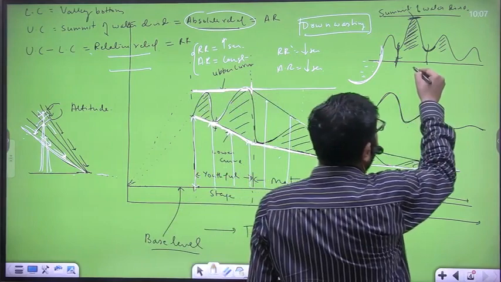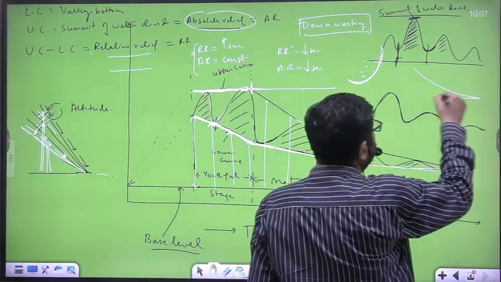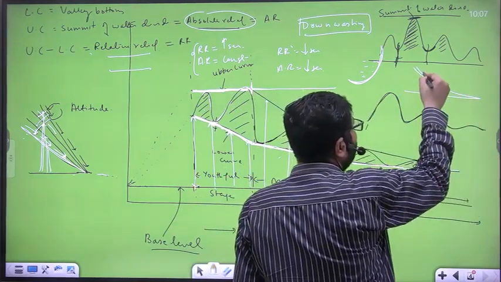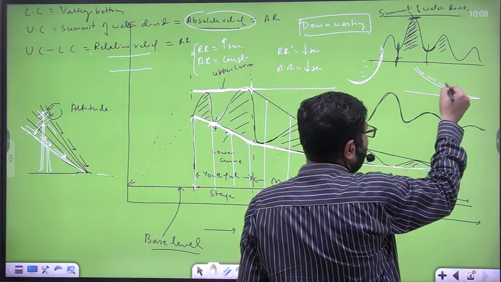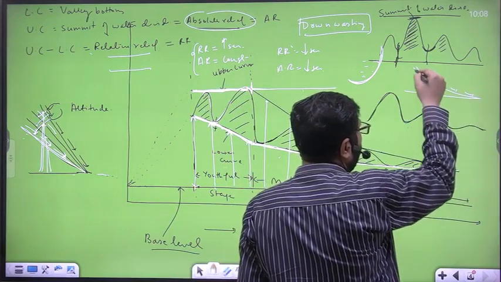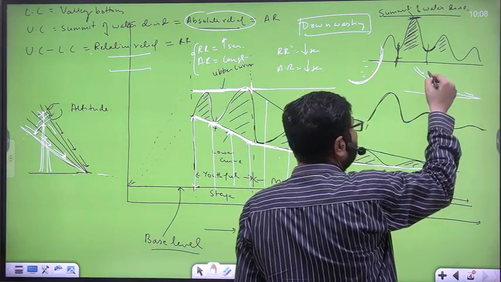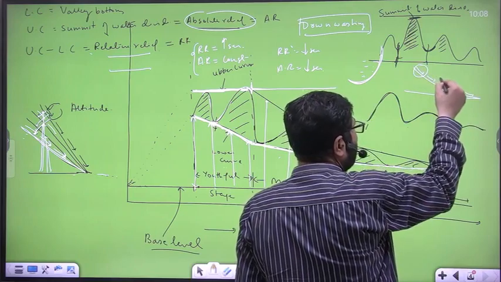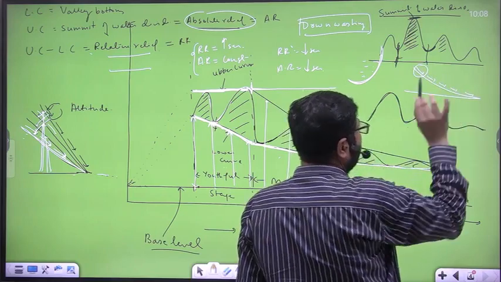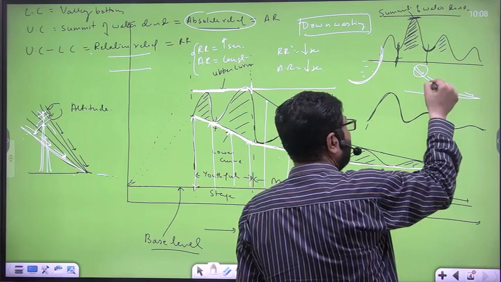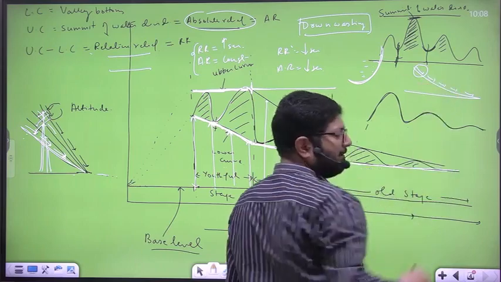I told you every river intends to achieve a graded profile. Graded condition is that condition when the slope on which the river flows is such that the transporting capacity of the river and the sediment to be transported are equal.